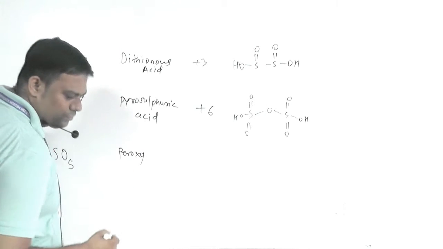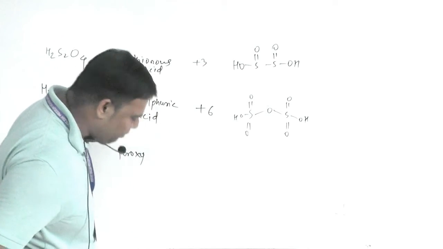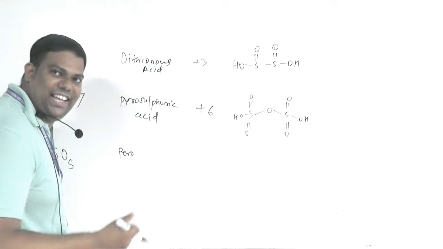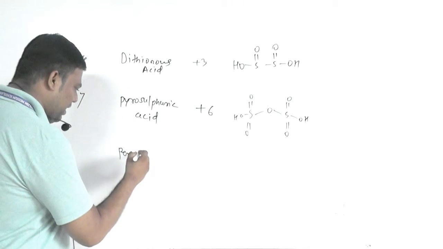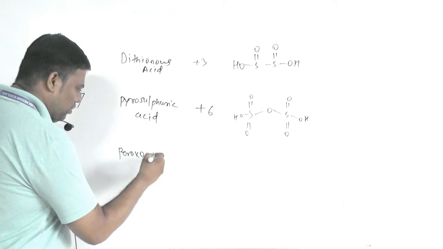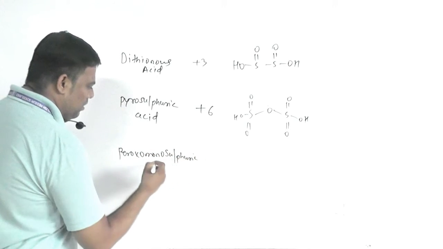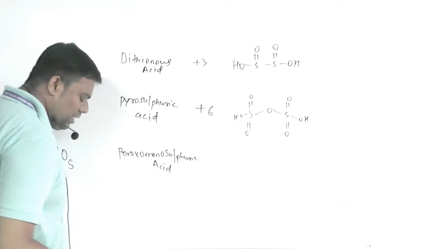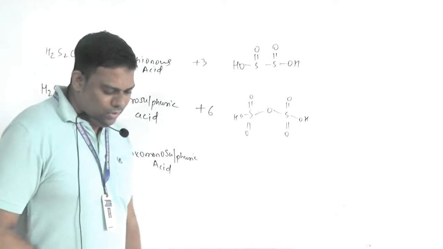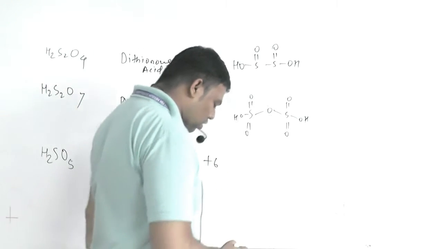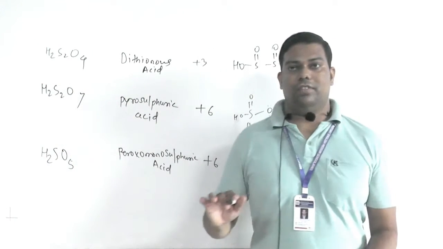Peroxy, or we can write peroxo, because it is a peroxide linkage. Peroxomonosulfuric acid. In H2SO5 the oxidation state is also the same, that is +6, but concentrate on the structure.